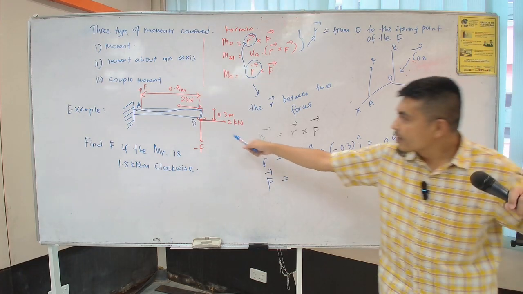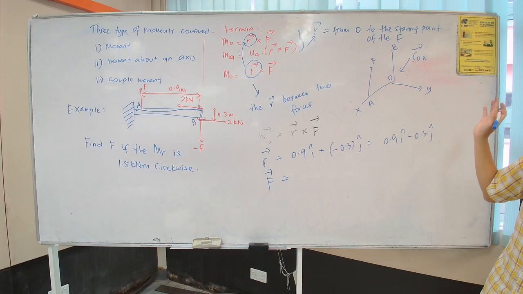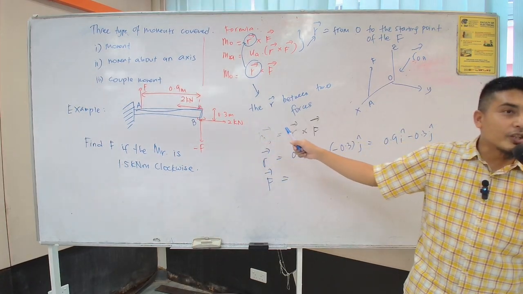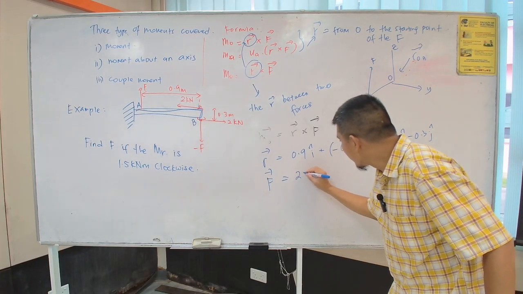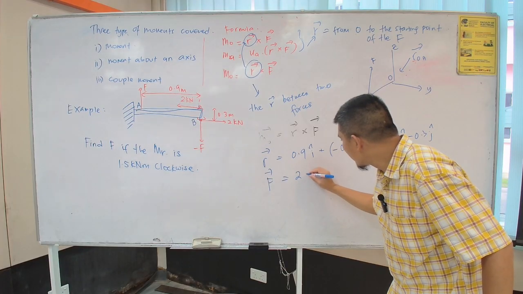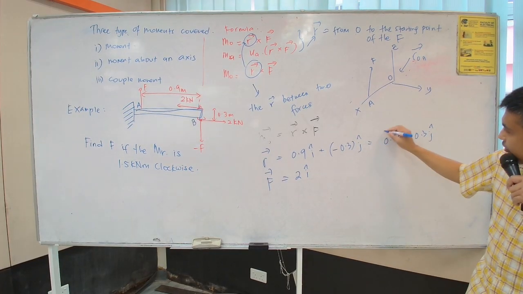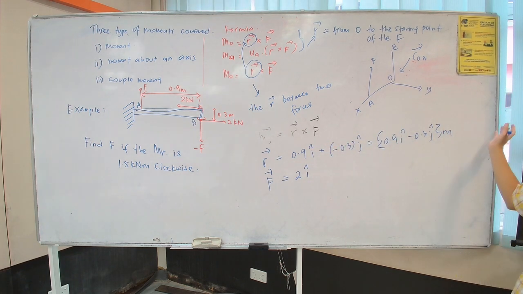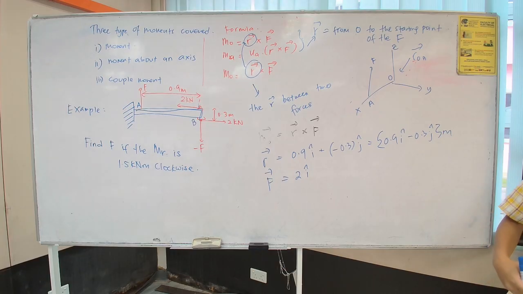At B, our force in the X direction, what is the value? 2 kilonewton, in the X direction. This should be in meter. 2 kilonewton to the right, positive I, and then in the Y direction, what is the value?